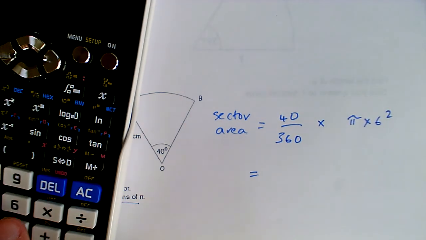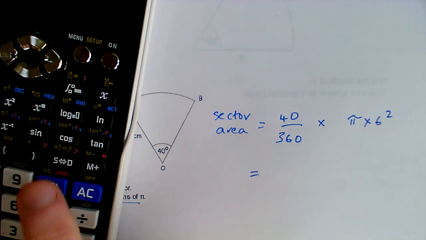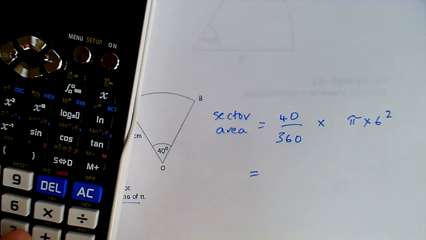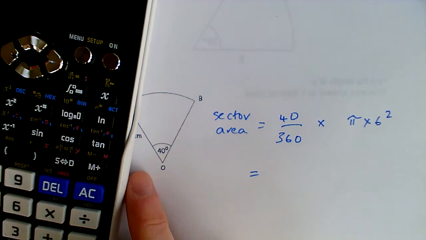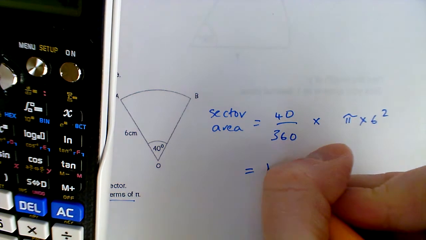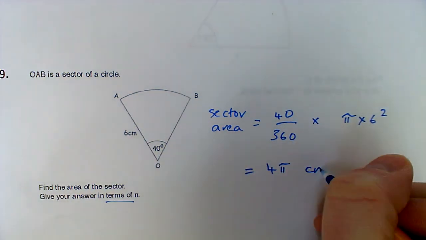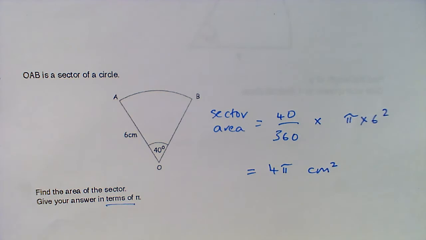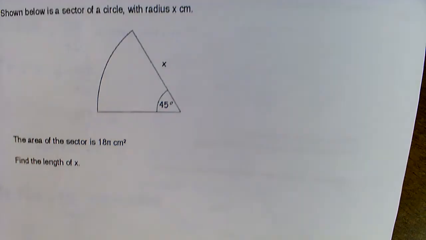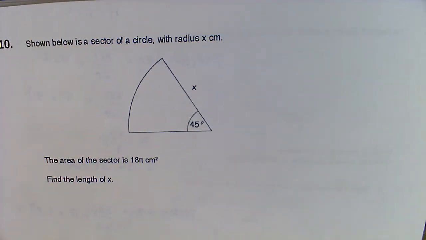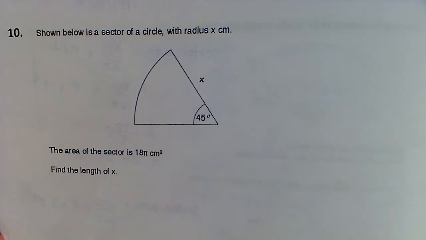So on our calculators, 40 over 360 by pi by 6 squared, which is 36, and our calculator tells us it's 4 pi, and our units are centimetres squared.